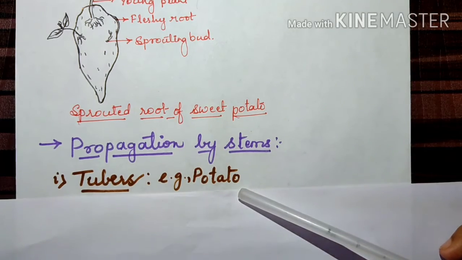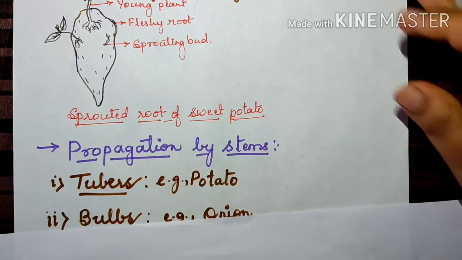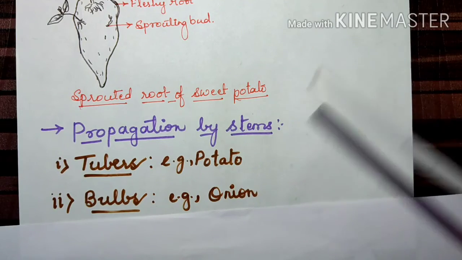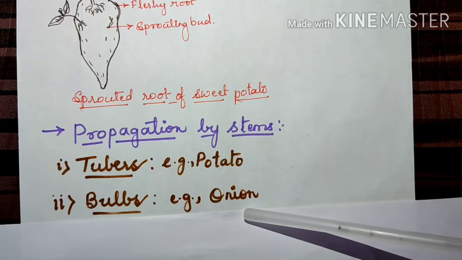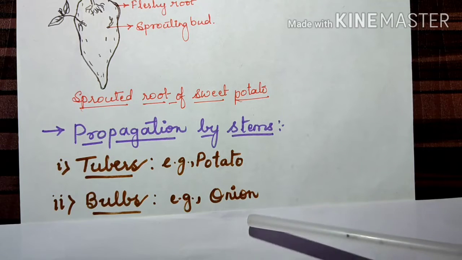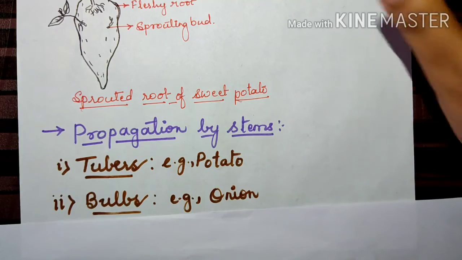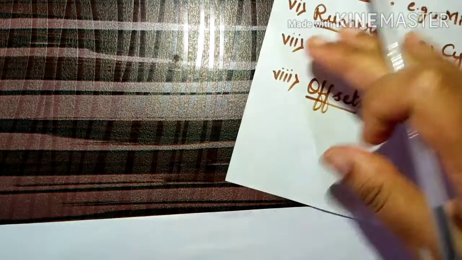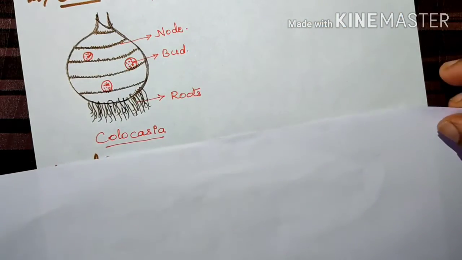And the next one is bulb. Bulbs are underground condensed shoots that are provided with buds which form a new plant. You can see in case of onion. And the third modified stem meant for vegetative propagation is the corm.